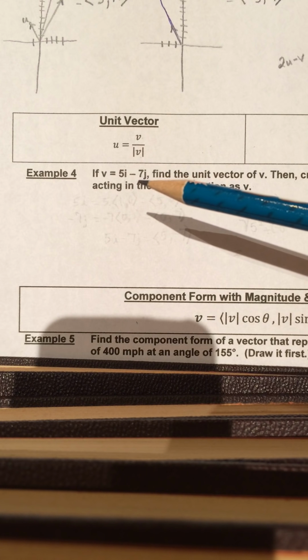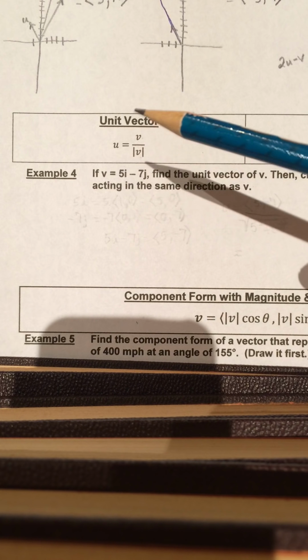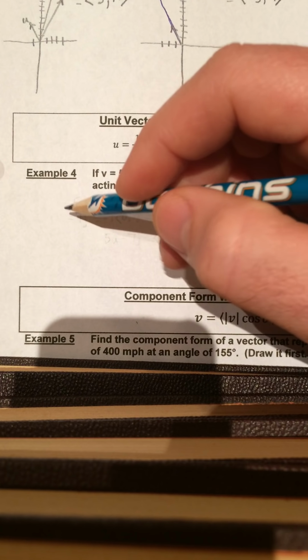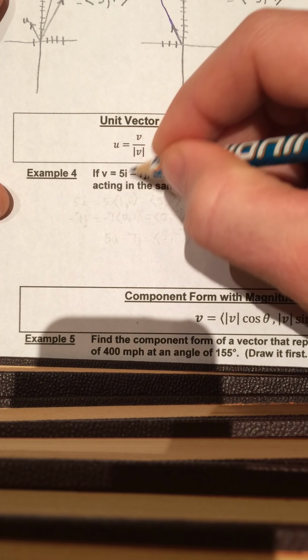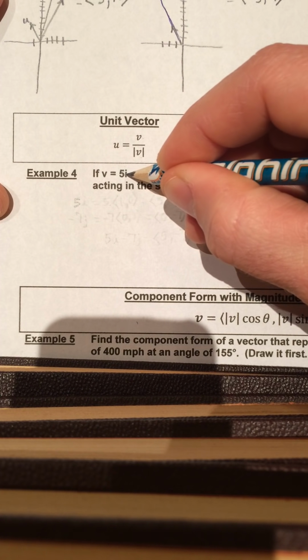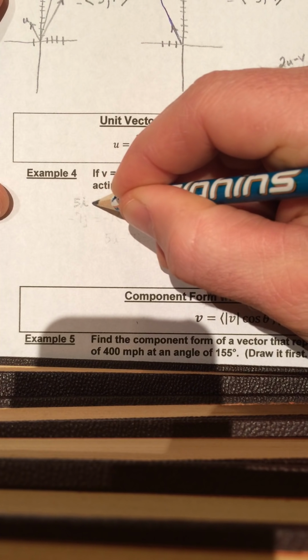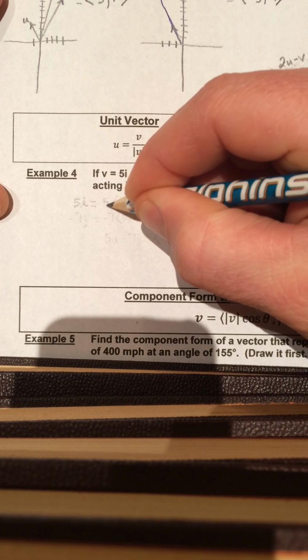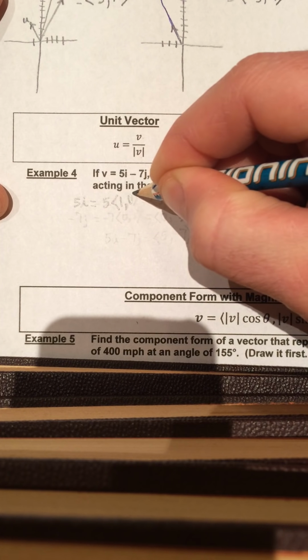Let's just go through the motions one time. All we want to do is interpret this i and j stuff. So I'm going to take my quantity of 5 and write it outside the vector (1, 0). 5i is nothing more than 5 outside of the vector (1, 0).